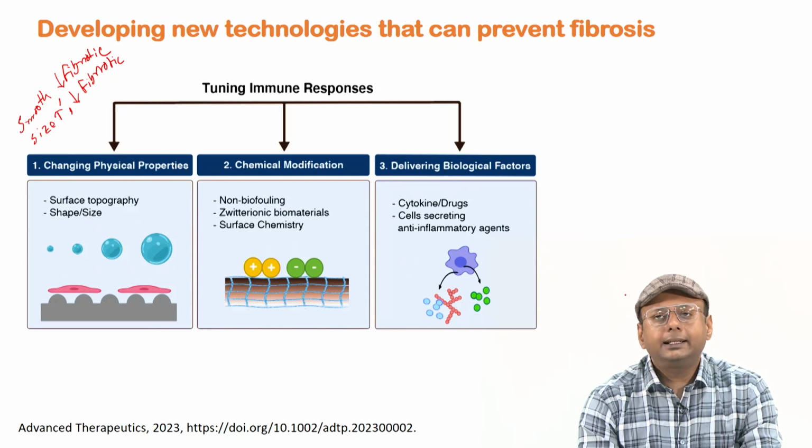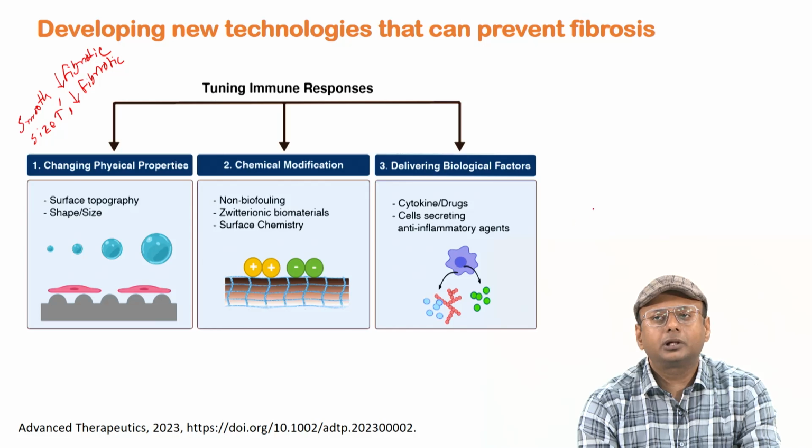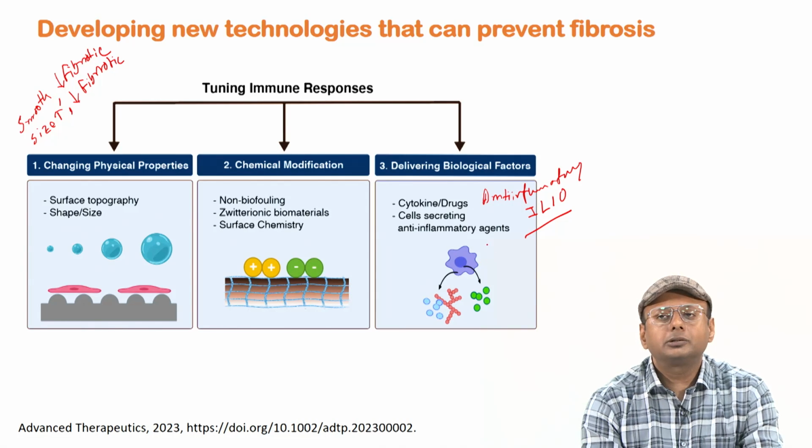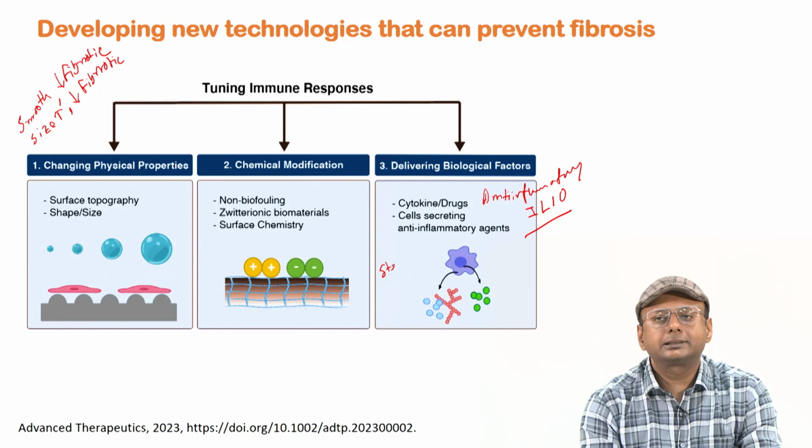Okay. Then there are options of delivering biological reagents also. For example, anti-inflammatory cytokines like IL-10. Then we can also give various steroids, right?